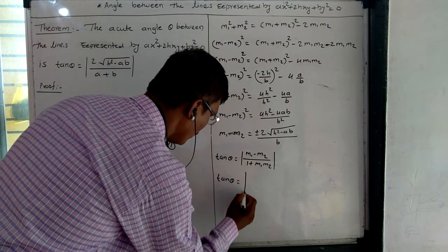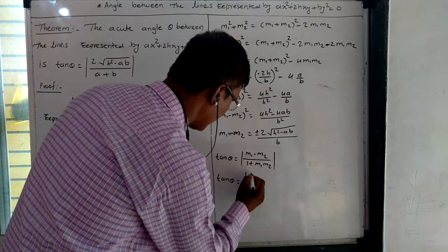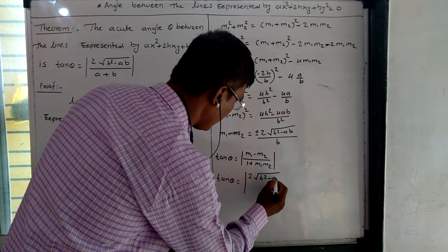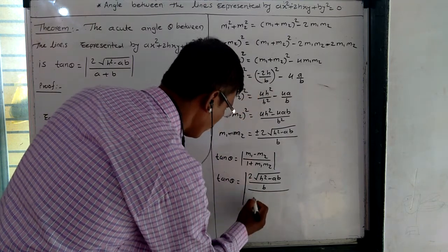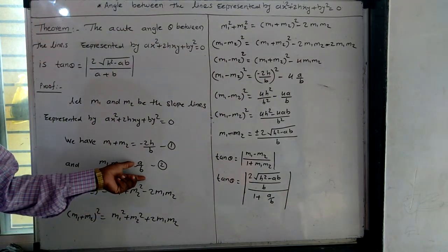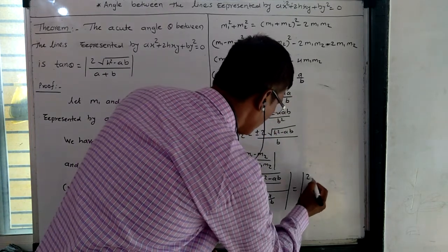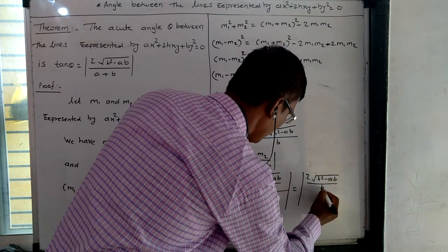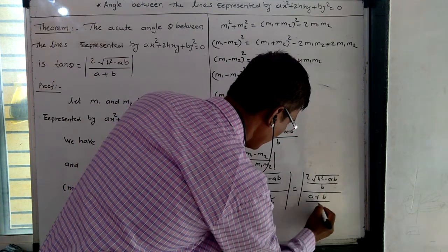tan theta is equal to m1 minus m2, whose value we have found. Instead of plus or minus, since it is now a modulus, we take plus: 2 root of h square minus ab divided by b, whole divided by 1 plus a divided by b, because the value of m1 into m2 is a upon b. Therefore this can be written as mod of 2 root of h square minus ab divided by b, whole divided by a plus b divided by b.